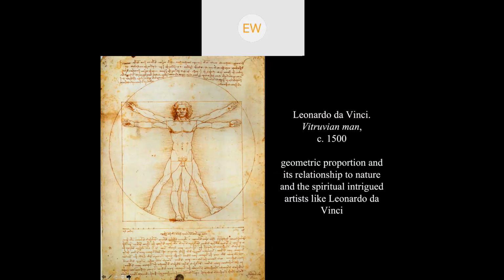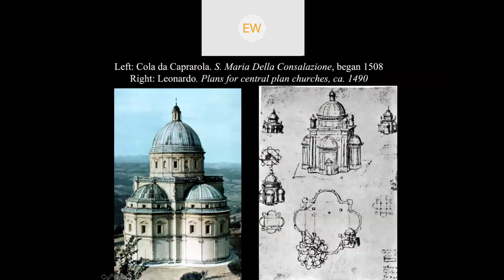But in Leonardo's Vitruvian Man, the center of the circle is the navel. And so this idea that geometry figures into human proportions. Similar to the Greeks, nature and geometry are not separate.